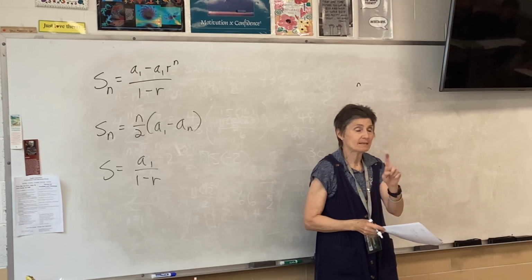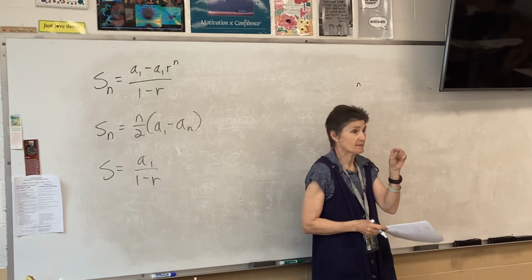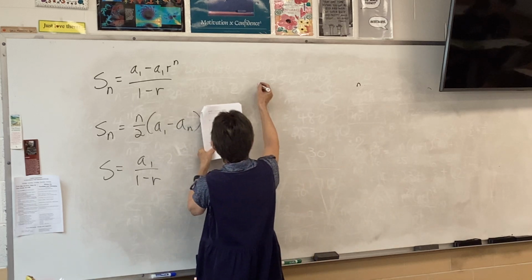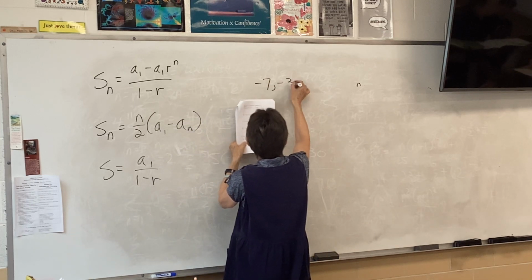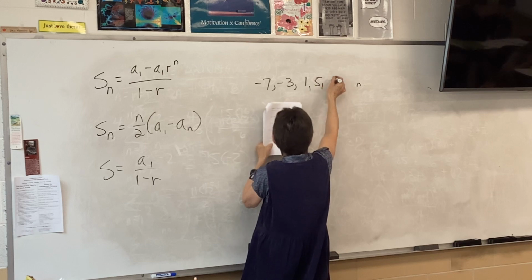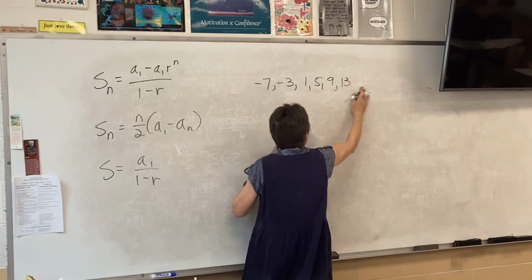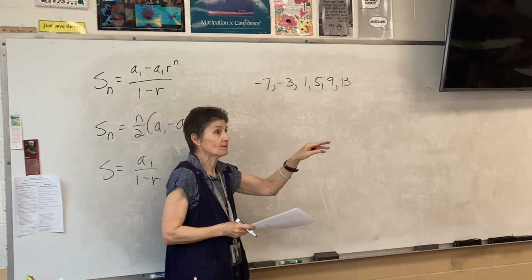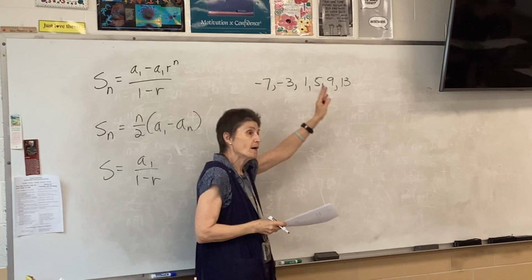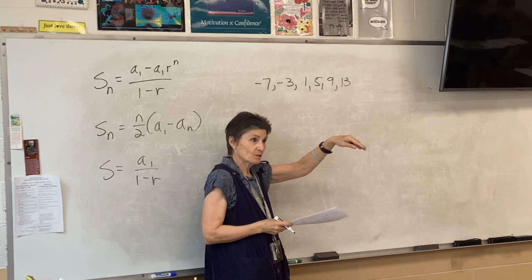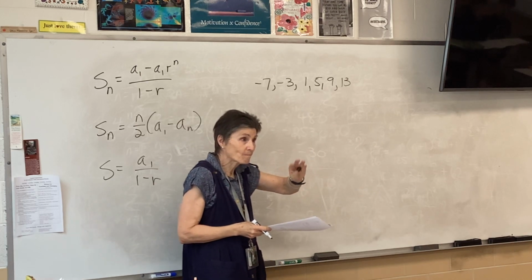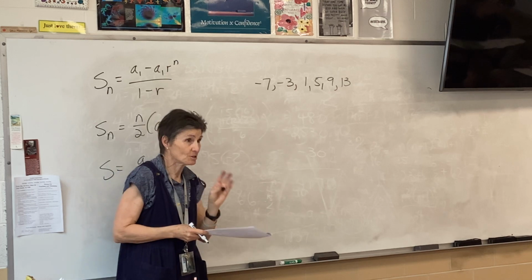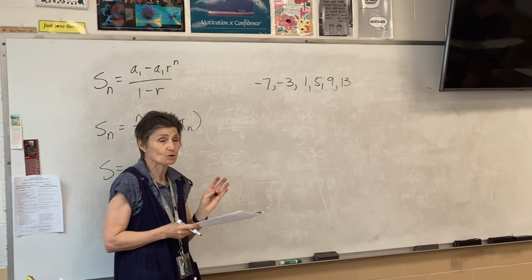Remember, you do not need to memorize the formulas, but you need to know which one to use to do problem number 3, which is find the sum of these terms. Now, I know you could type those in, add them up on your calculator, but what if there were 300 of them? You wouldn't want to do that. So we're going to practice with our formulas. Even though there may be times you choose not to use a formula, and that's okay as long as you're showing your work.